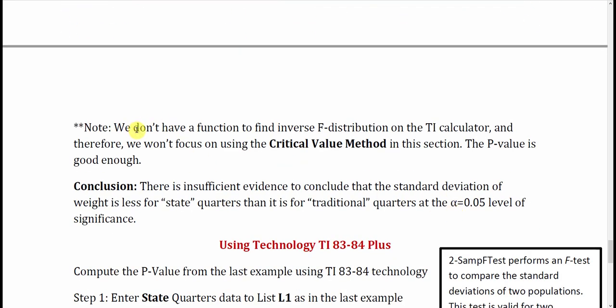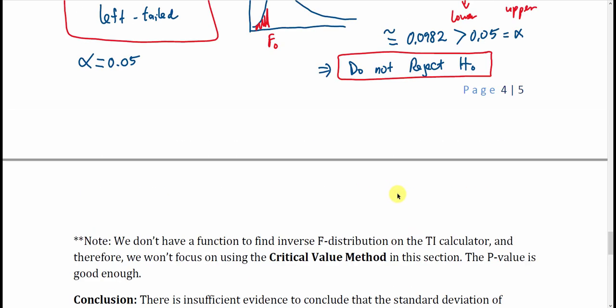And yeah, we don't have a function to find the inverse F distribution on the TI calculator, and therefore we won't focus on using the critical value method in this section.